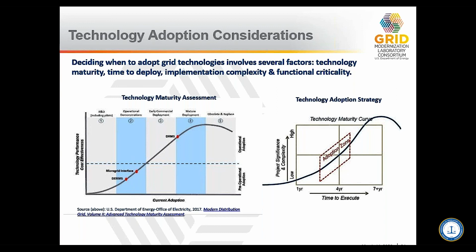Several states have found this quite useful in having a dialogue with utilities and others about when the right time to think about adoption is, because it has implications on the overall useful life and the like. Next slide, please.